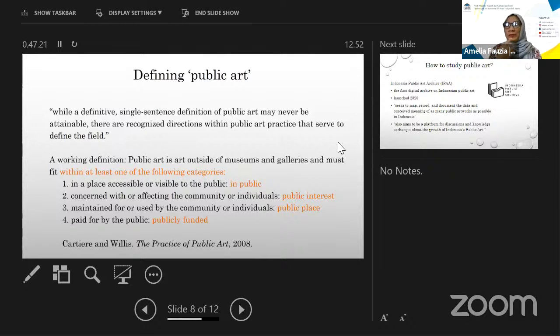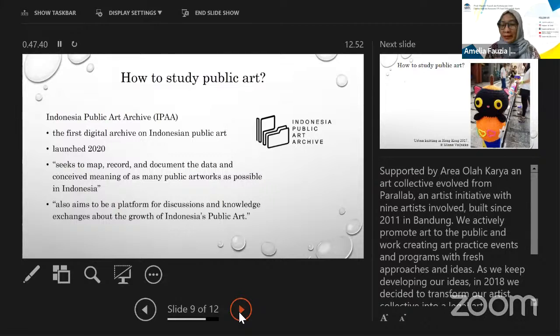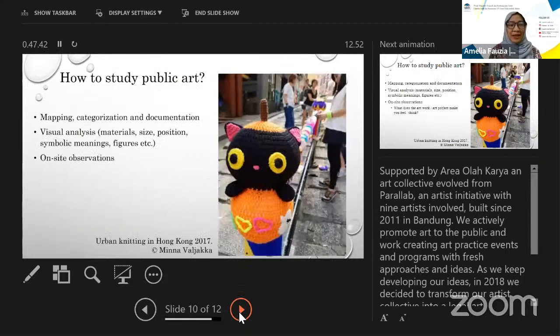Okay, cool. I am very happy that you mentioned a lot of ideas on how to study public art, whether you use mapping, categorization, and also observe how people react to certain public art.